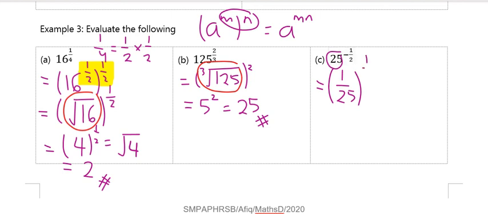You no longer have the negative power, so it becomes 1 out of 25 to the power half. And you know already, power half is actually the square root. So you are finding the square root of 1 out of 25, which is 1 out of 5.